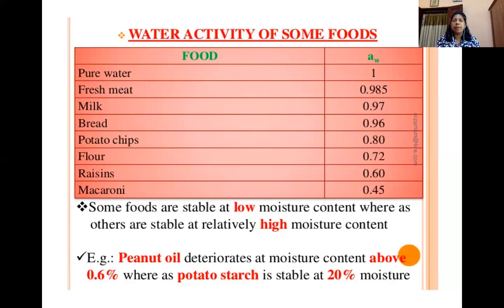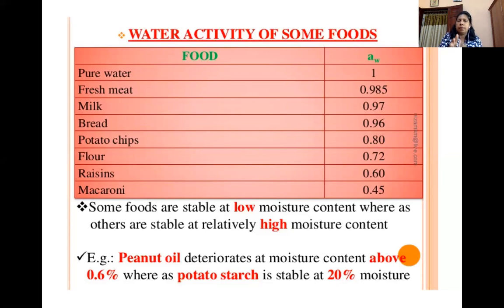In the other case, bread is 0.96, right? Now you compare these three products, water activity is really high, but those three products have different physical situations. Physically, by seeing the product with our eyes, one is solid, and once you press it, the meat comes out, it just stays like that.